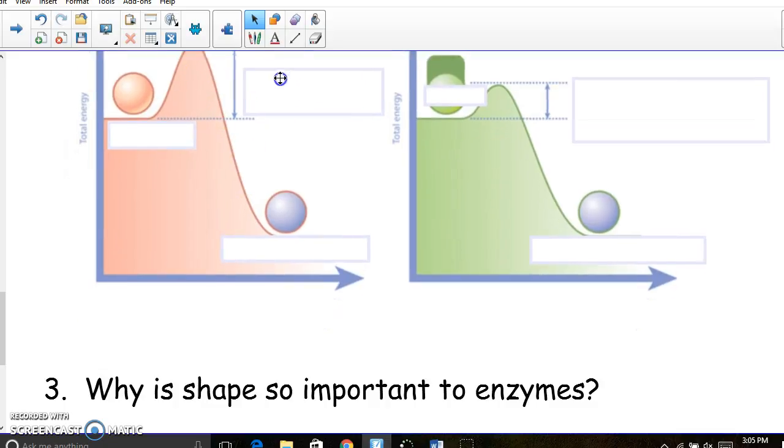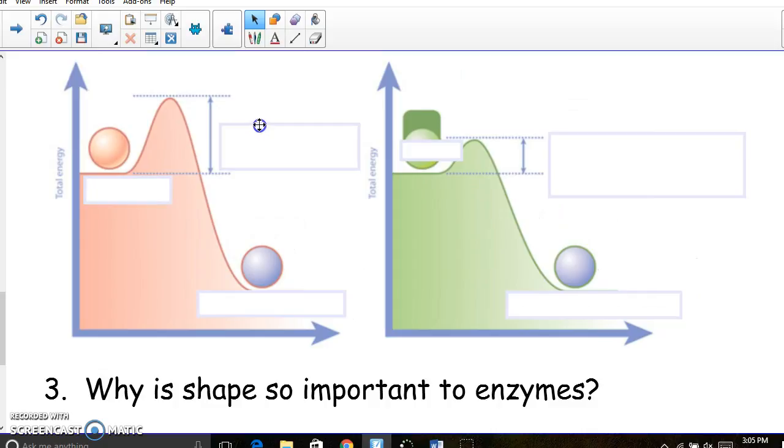So this would be the normal activation energy. However, in this reaction, look at how little energy is needed. Now it's just a little mound. Now that chemical reaction can happen easier. So this would be the activation energy with an enzyme.